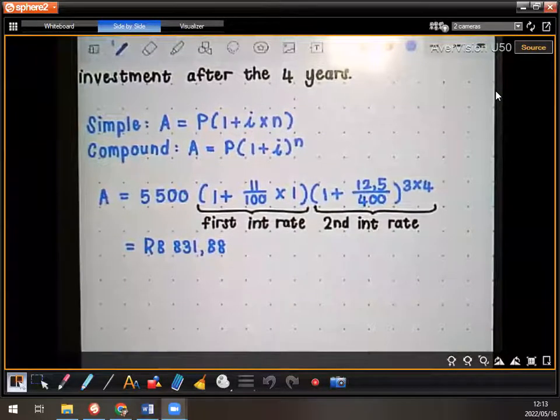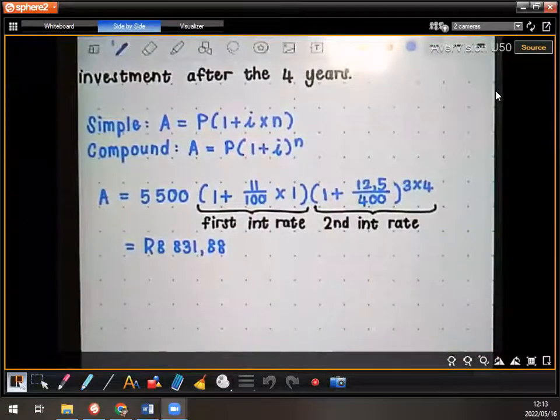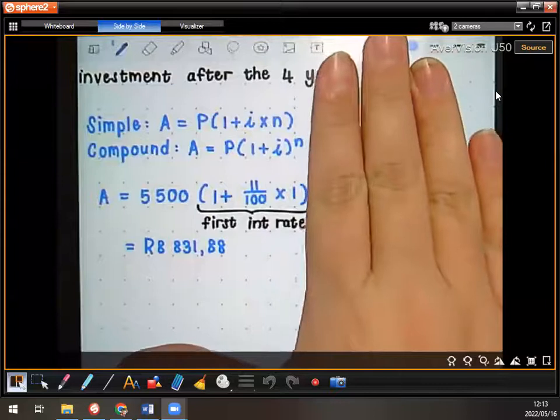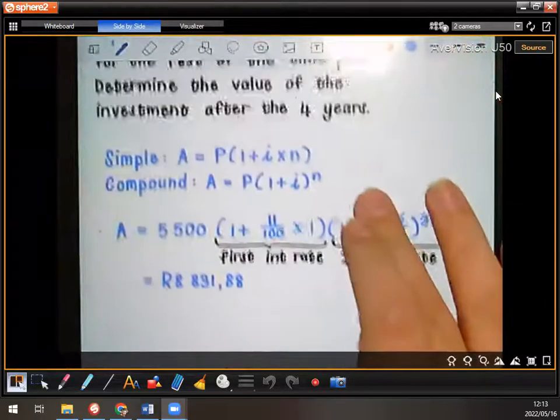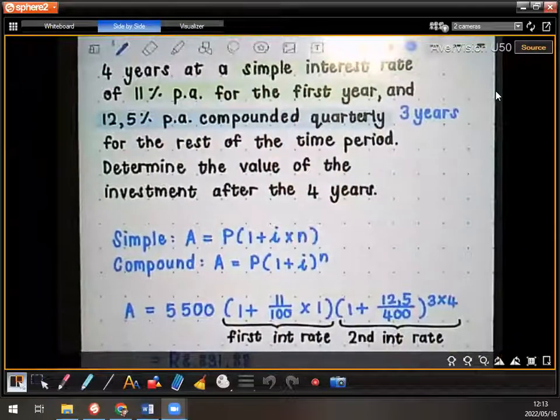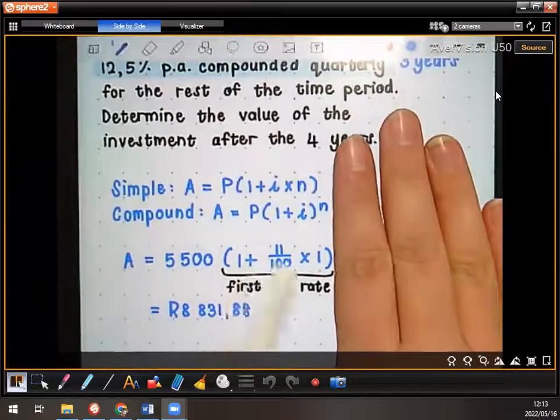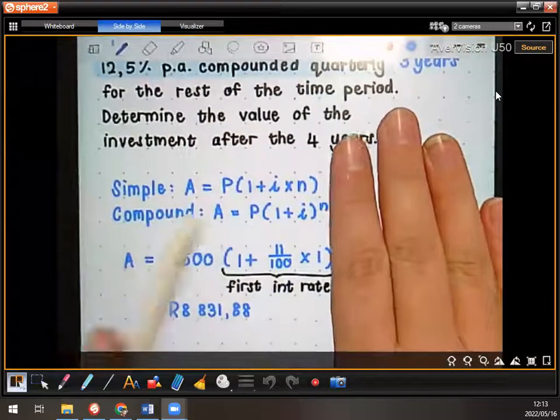No, so the way that this method works, let's just quickly think. If you did it in 2 separate calculations, you would do that calculation first. So what people always want to do is first calculate how much money was in this account after the first year. So they'll say 5,500, and you do your simple interest calculation, you get an answer.